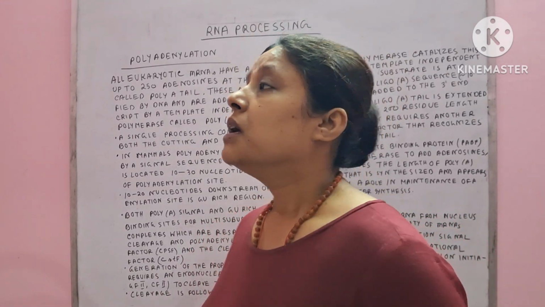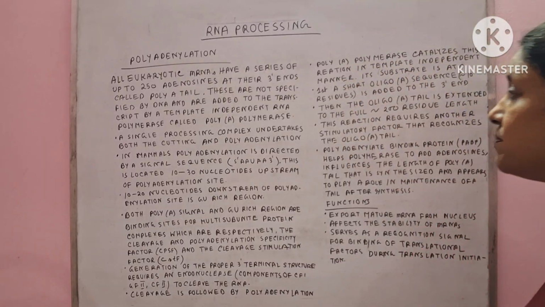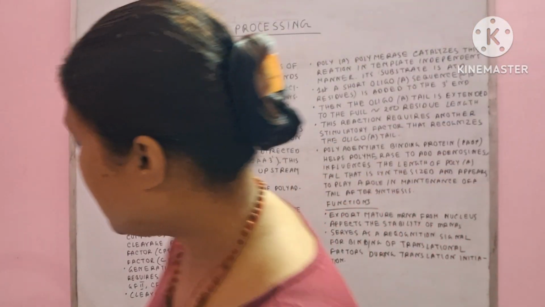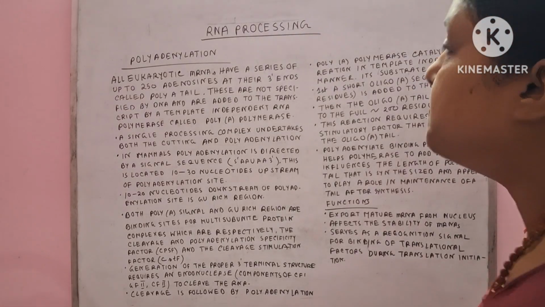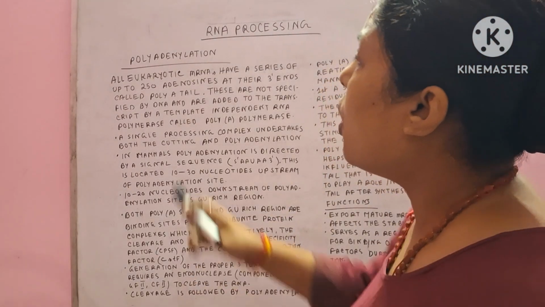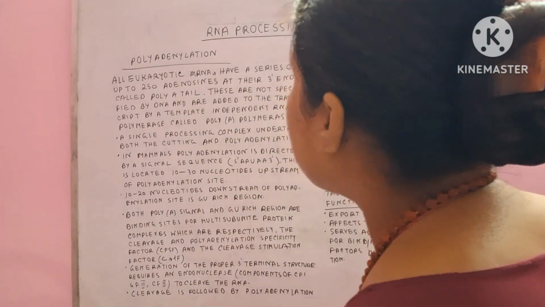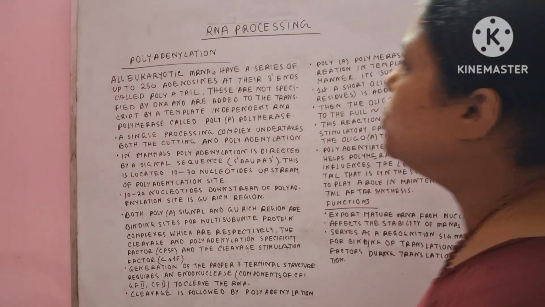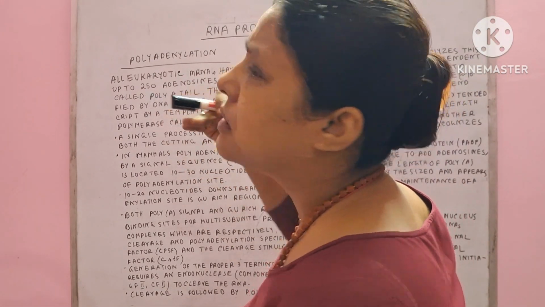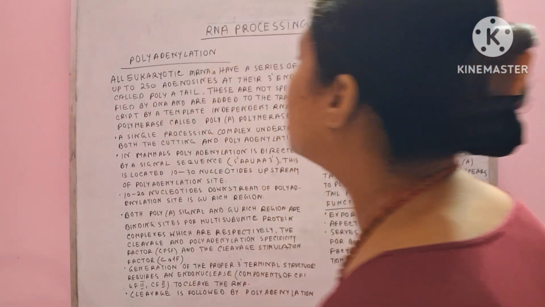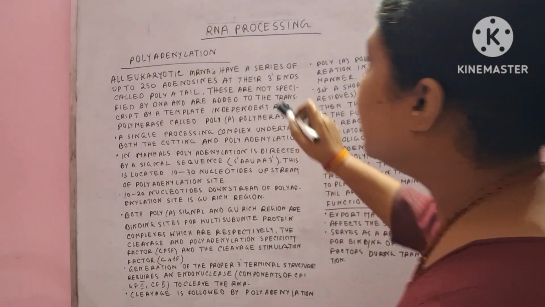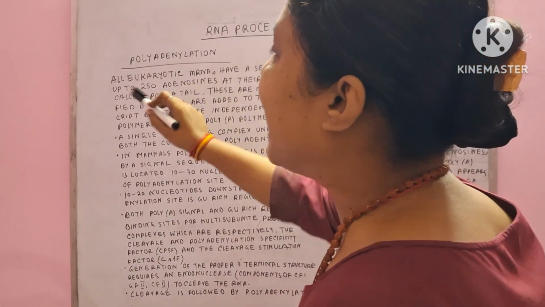So let's continue. That is polyadenylation. All eukaryotic mRNAs have a series of nucleotides, generally up to 250 adenosines present at their 3' ends.